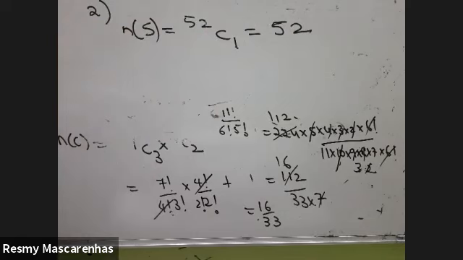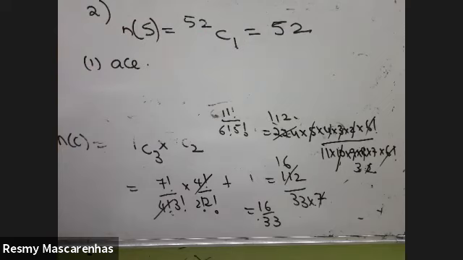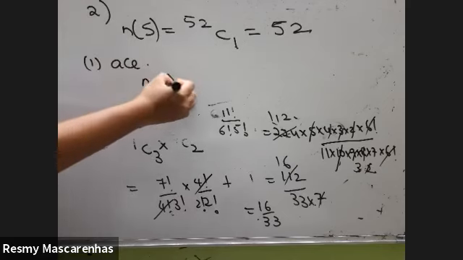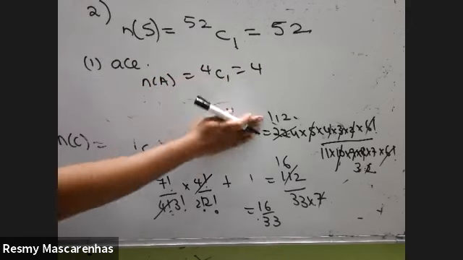Now, what are the chances? First one, it should be an ace. So how many are available? One card you are drawing every time. So how many aces are available in the pack of cards? 4 aces. n(A) will be 4C1, which will be 4.